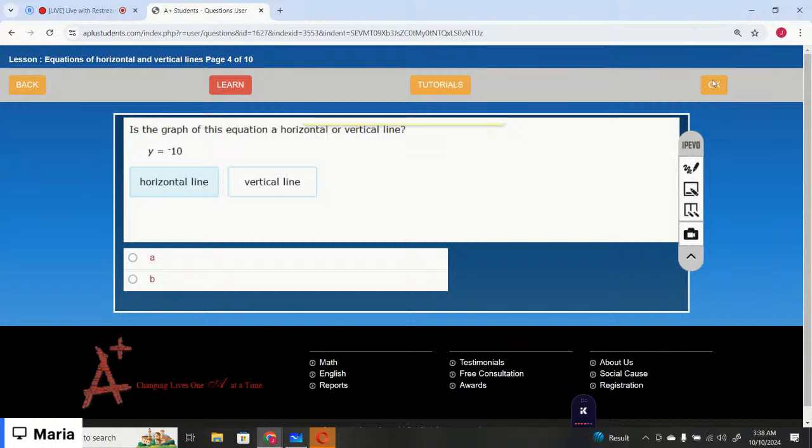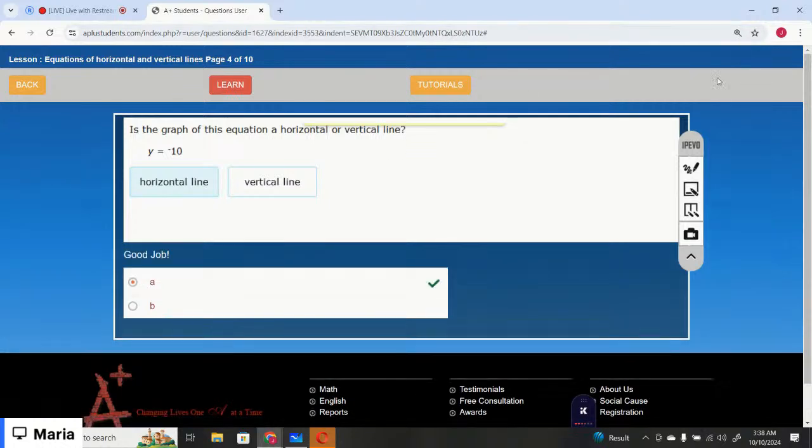Y equals negative 10, right? Yes, that is a horizontal line. Option number A is the correct option. Yes, horizontal line it is. Very good. Okay, the next one.